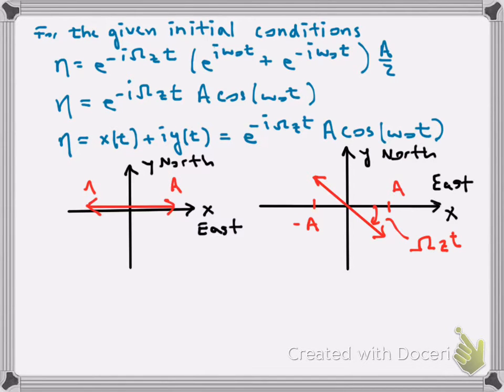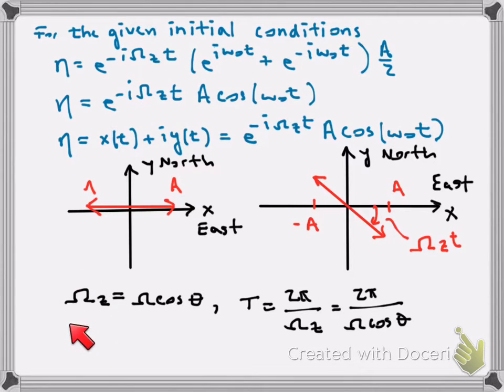And so if we remember our directions, x was east, y is north. Initially, this pendulum, if you started pulling it east and let it go, would go back and forth east. But then over time, that plane of motion is going to rotate counterclockwise in this view about the xy axis.